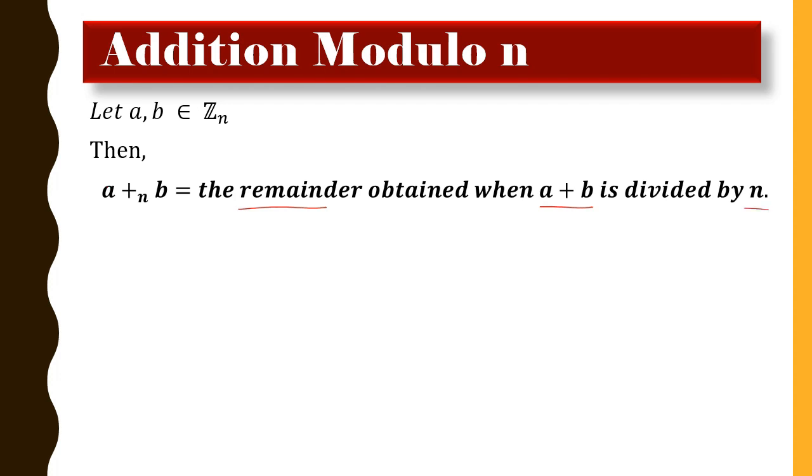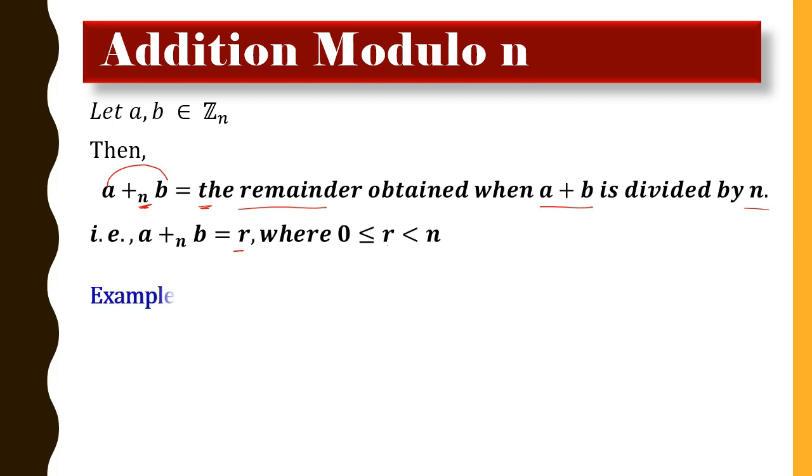So a plus b, you consider the sum and divide that sum by n, and you should write the remainder here. That is, a addition modulo n b is equal to r, where r is the remainder, such that r is greater than or equal to 0, less than n. That we know that r is a non-negative integer.